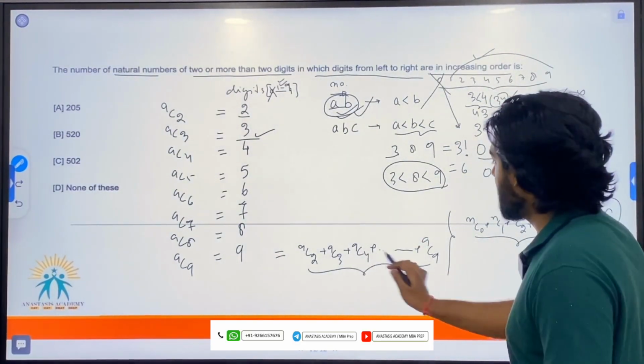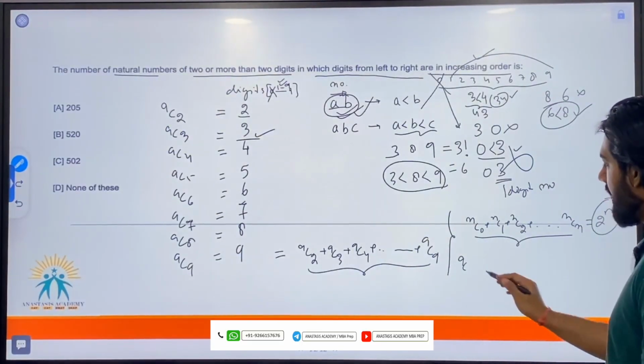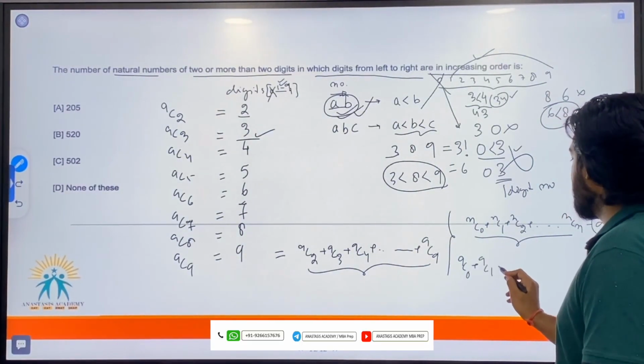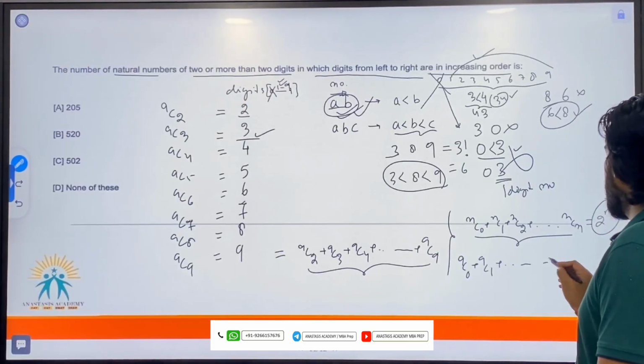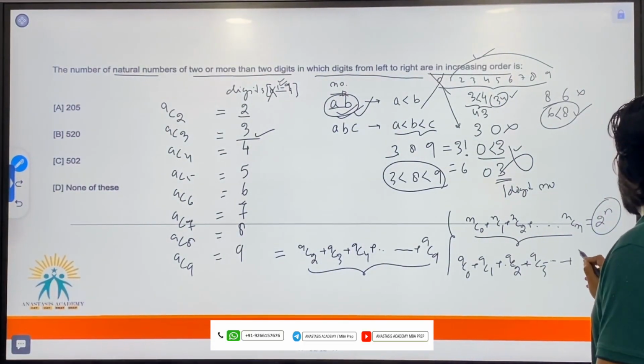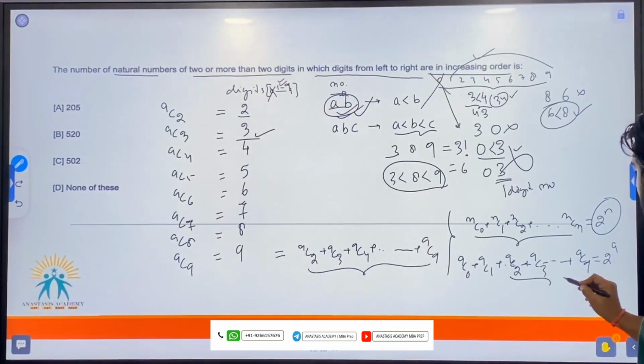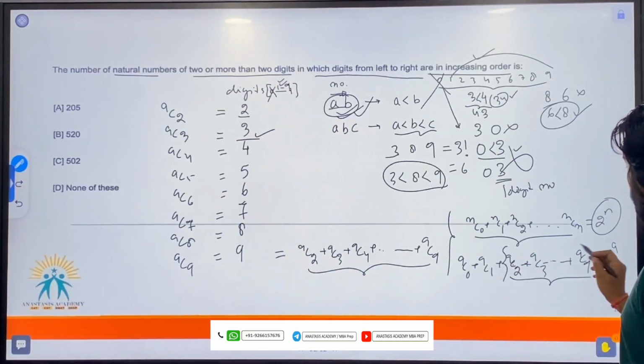So if n is equal to 9, then 9C0 plus 9C1 plus 9C2 and so on up till 9C9 is given as 2 raised to the power 9, right? And I have to find the value from 9C2 till 9C9.